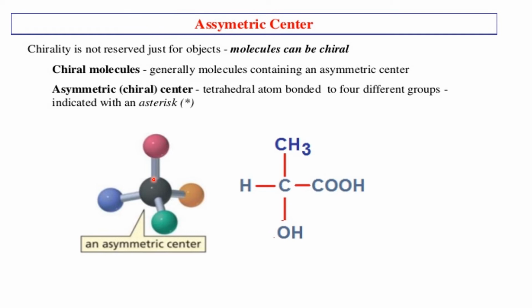If it contains an asymmetric carbon atom and it gives rise to a chiral molecule, then that compound will exhibit optical isomerism.